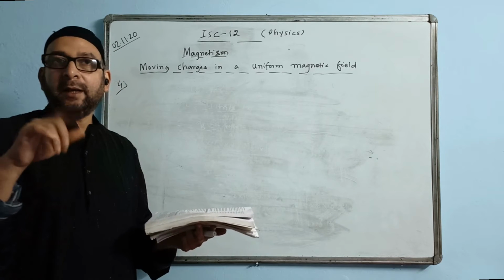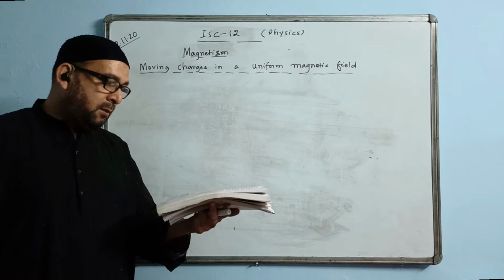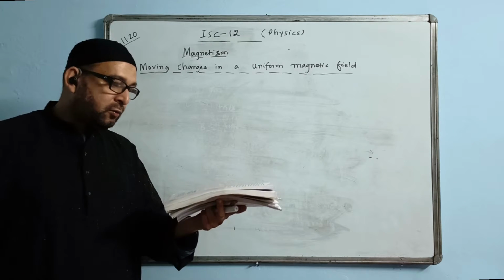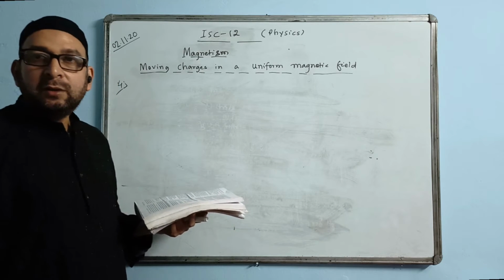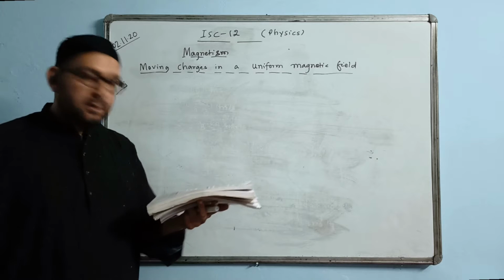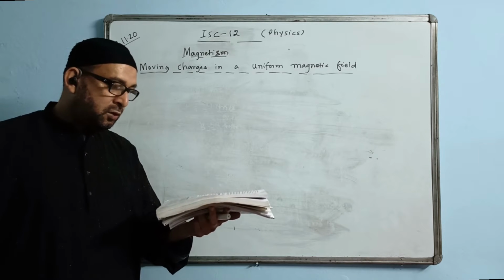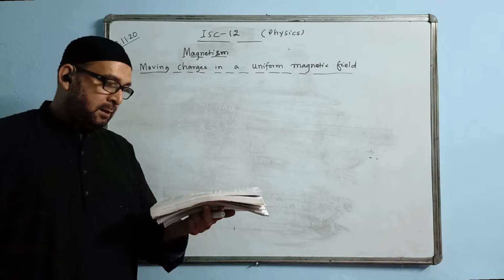Now, first part A: What is the velocity of the electron as it enters the magnetic field?